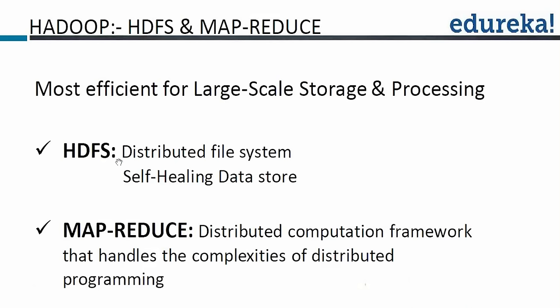So look at this distributed file system, self-healing data store, and MapReduce. What we have done very intelligently with Hadoop is that these two are combined: one is the storage, another one is the processing. These two are coupled.